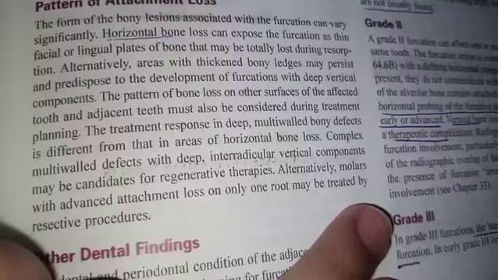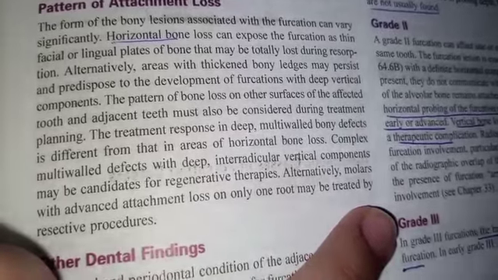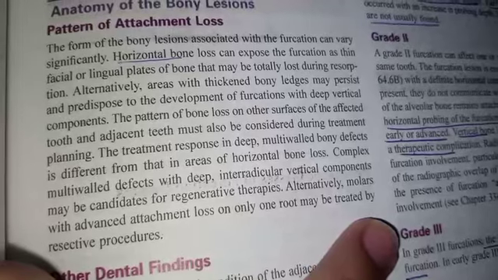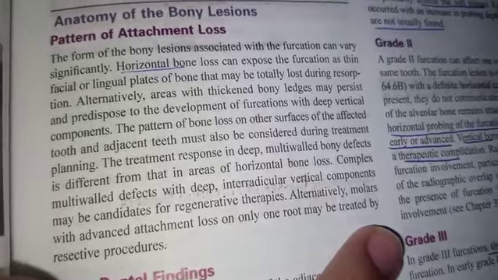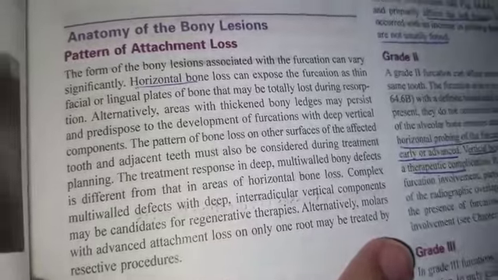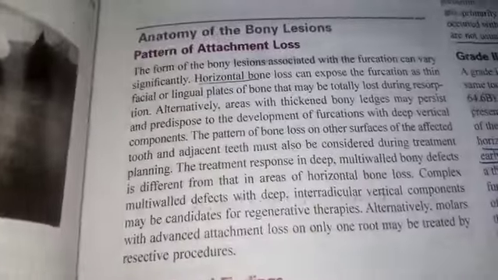Molars with advanced attachment loss on only one root may be treated by resective procedures. We will discuss what resective procedures are, but they are saying the molars that have attachment loss on only one root may be treated by resective procedures.